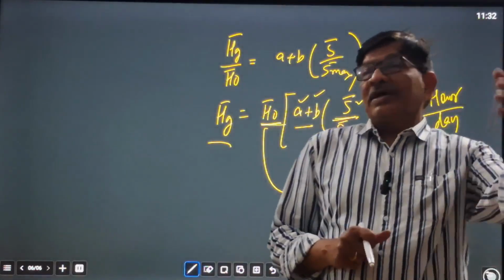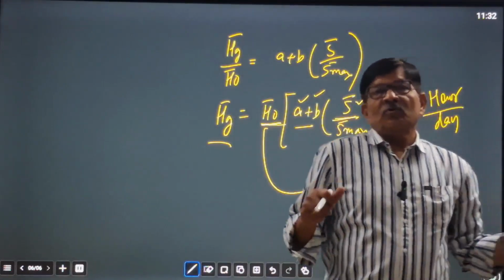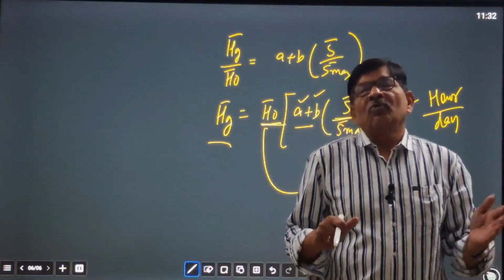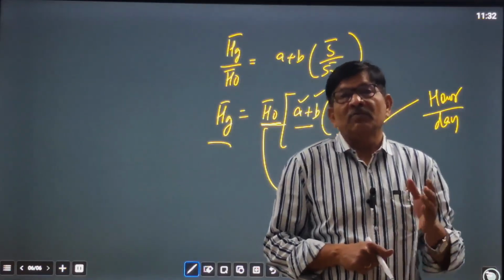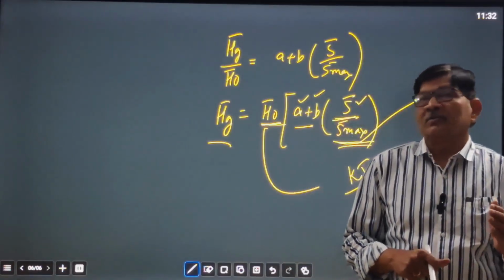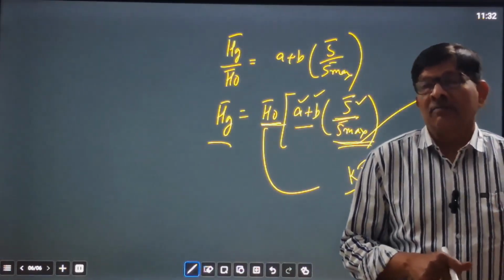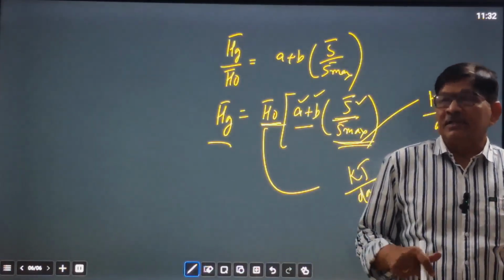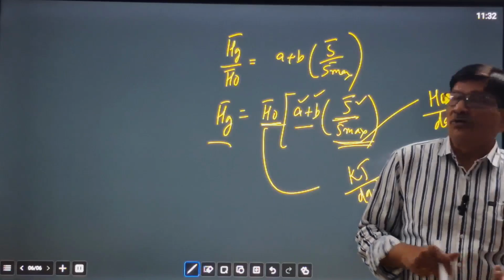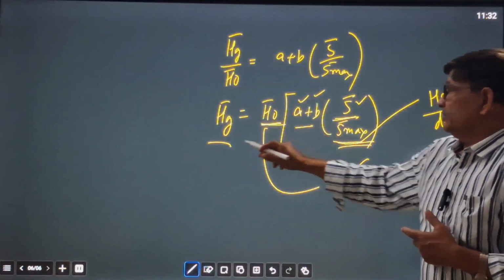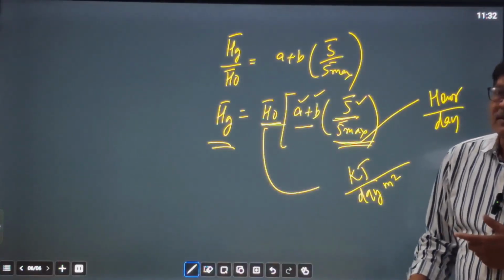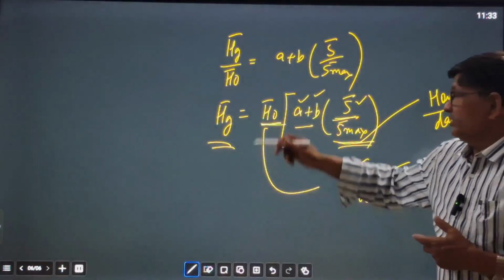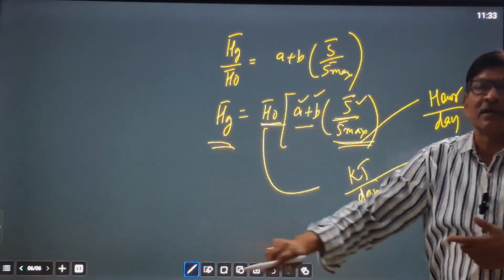Why? Because whenever we go to plan, we have to go for a feasibility study whether this site location is suitable for installation of a solar power plant, whether thermal or photovoltaic. You have to calculate by using Hg. What is the daily average on a monthly basis? On a monthly basis, what is the irradiance falling on the ground?